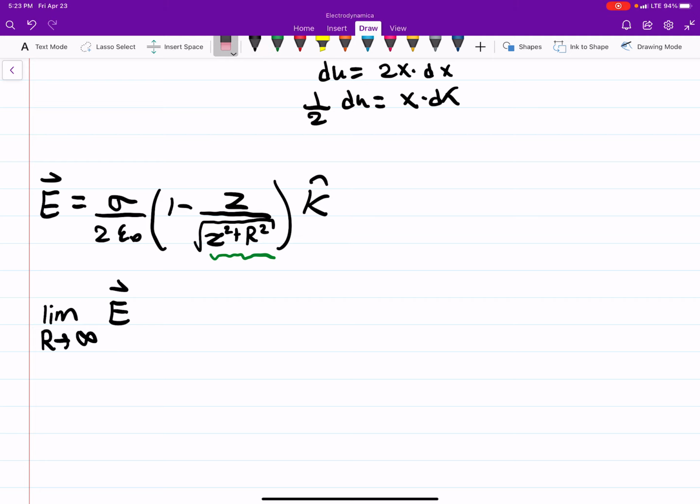So that term is going to get smaller and smaller. When you do that, you should be able to see that sigma over 2 epsilon naught is your E field when you're really far away.